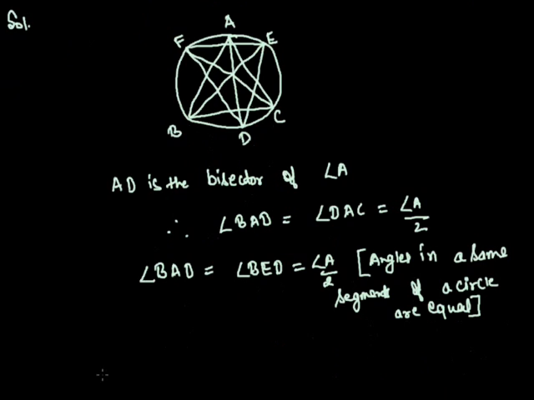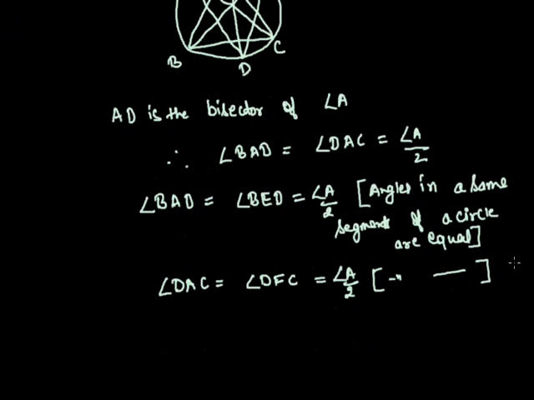Similarly, angle CAD or angle DAC is equal to angle DFC, again equal to angle A by 2, for the same reason: angles in the same segment of a circle are equal.